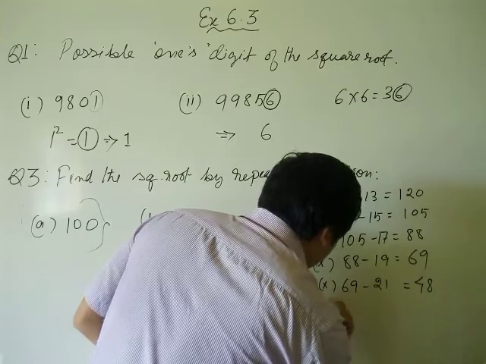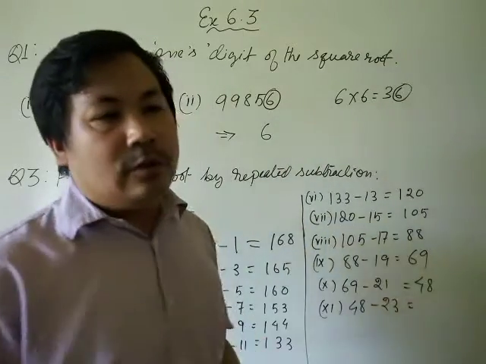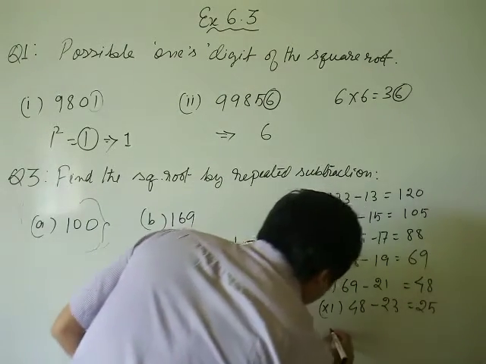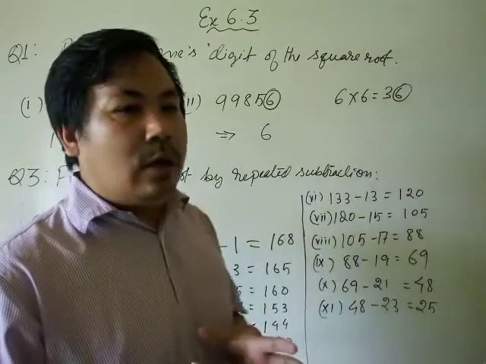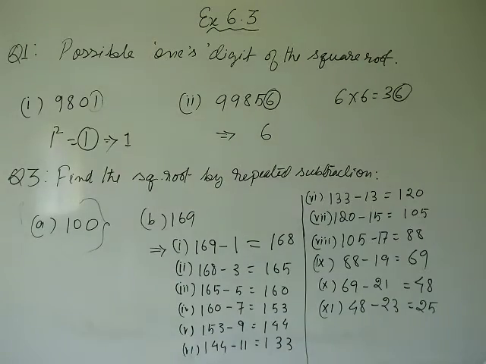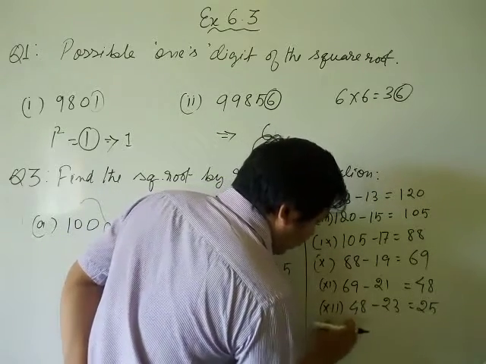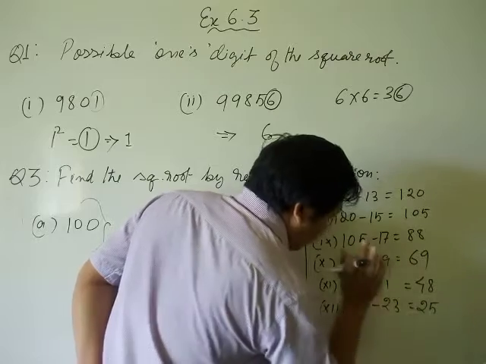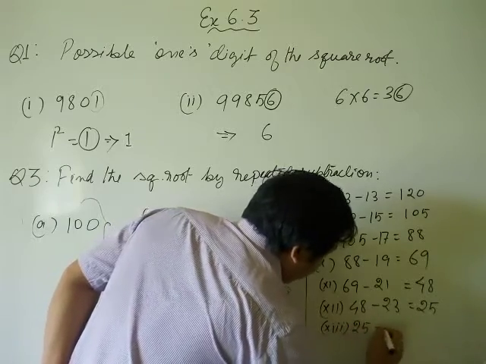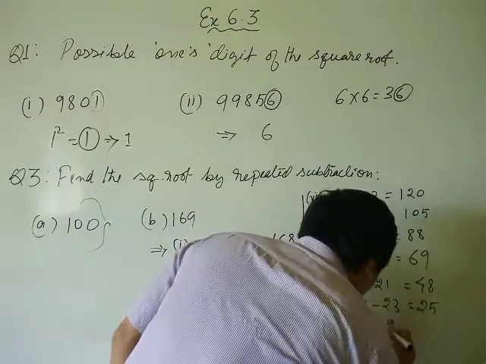Step 12: 48 minus 23, we get 25. Now step 13: 25 minus the next odd number, 25, then we get 0.